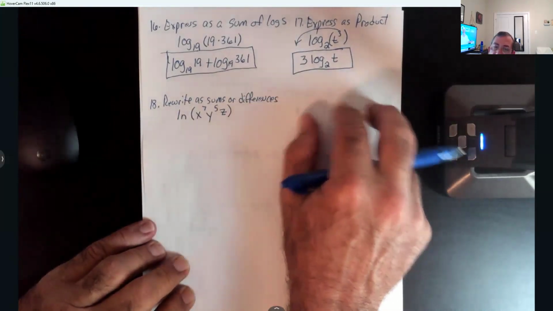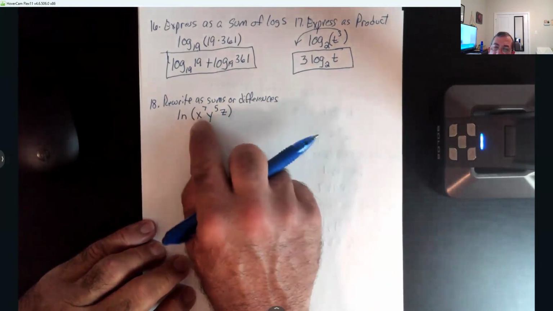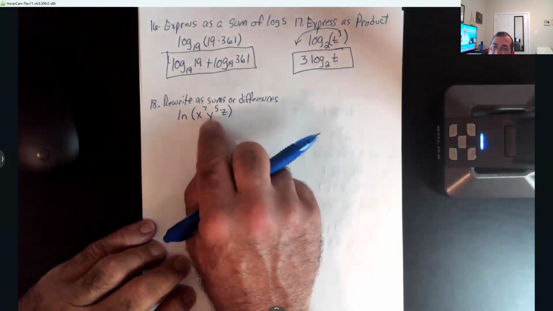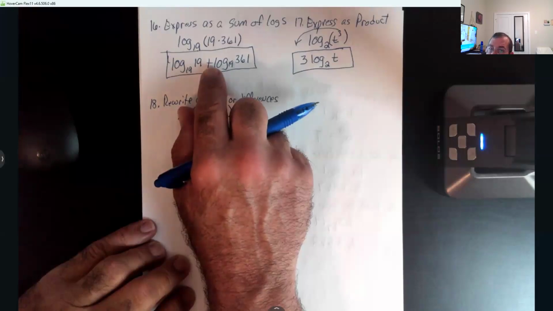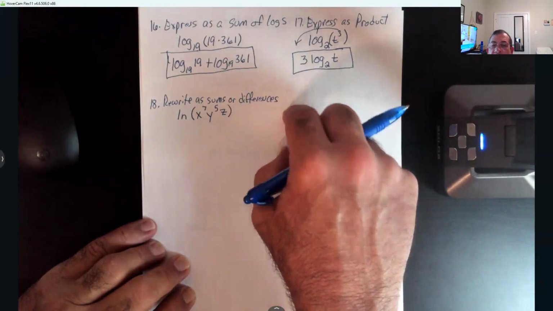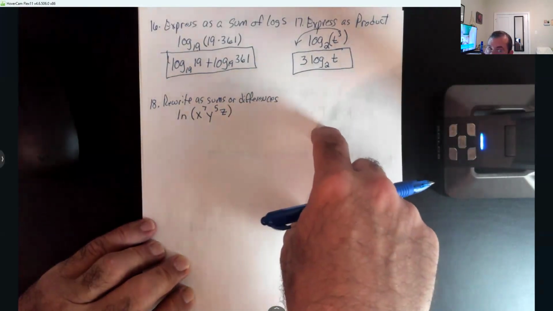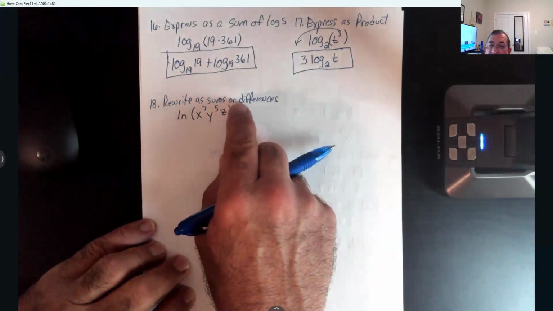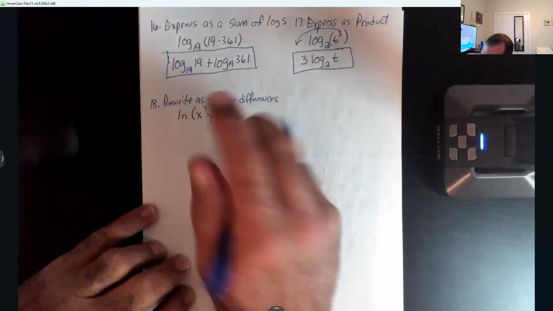Okay, so y'all had those properties of logarithms. Stuff is being multiplied. When it's being multiplied, we wrote it as a sum. The only way you'll get differences is if it was being divided, remember? So on this one, it says sums or differences. Well, all I got is products, so it's going to be sums, okay?